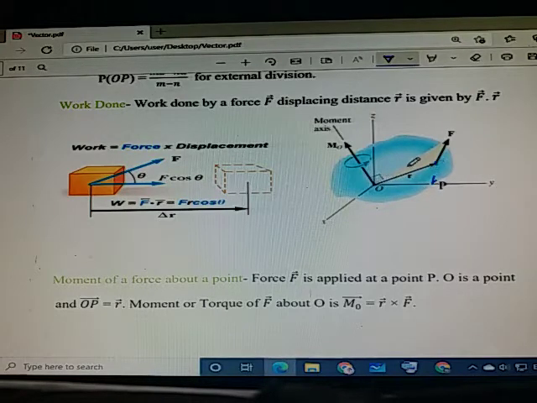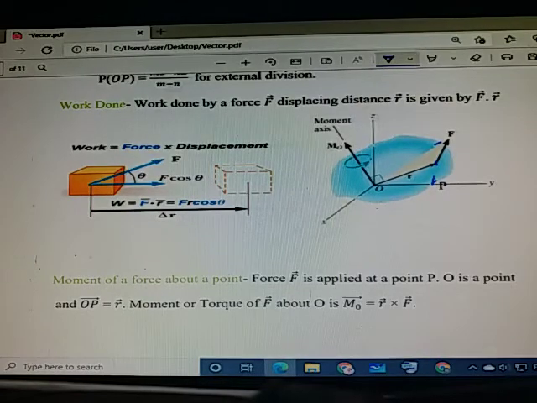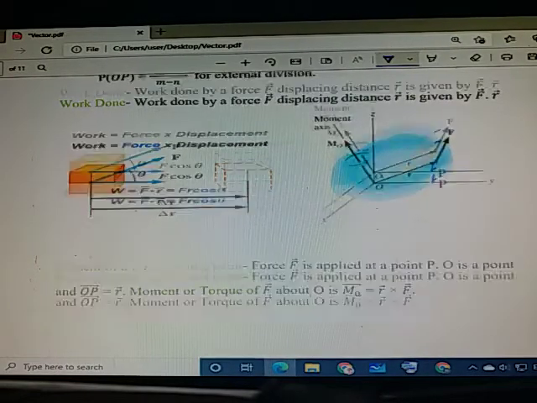The cross product of two vectors has a direction perpendicular to the plane containing R and F. This moment is a vector, and it goes along this line. So these are the applications: moment is for cross product, and work done is for dot product.